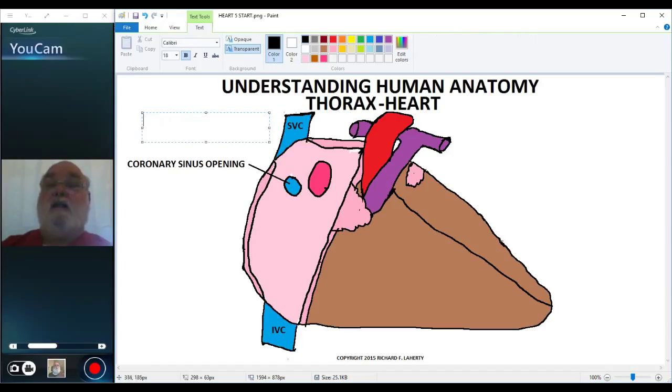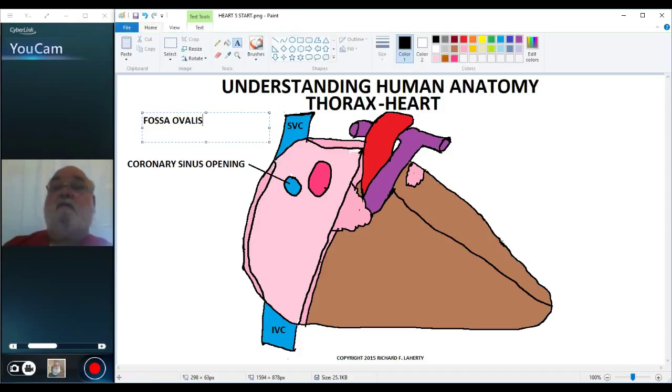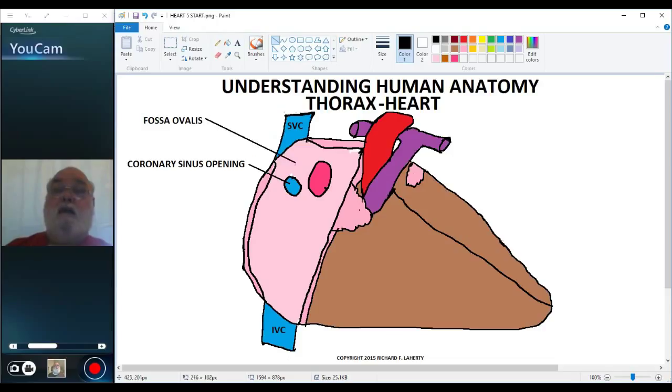And the fossa ovalis is another one of those remnants of an embryological structure. The fossa ovalis is a remnant of the foramen ovale.